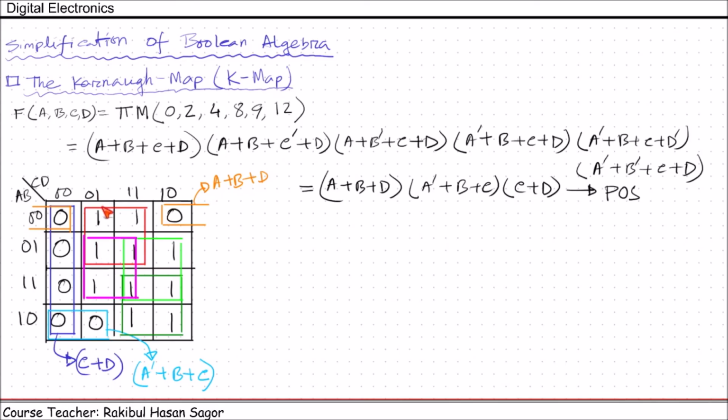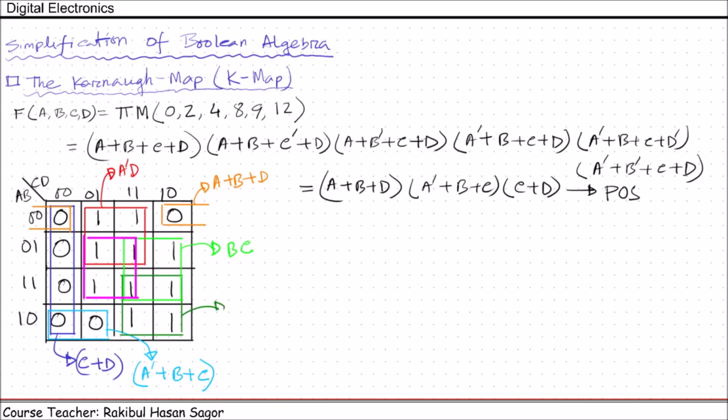Now let's go for the naming. The name of this red box: A equals to 0, A equals to 0, so it will be A prime. We must write it in product form. B equals to 0, B equals to 1, ignore B. C equals to 0, C equals to 1, ignore C. D equals to 1, D equals to 1, write D. Name of this box is BC.